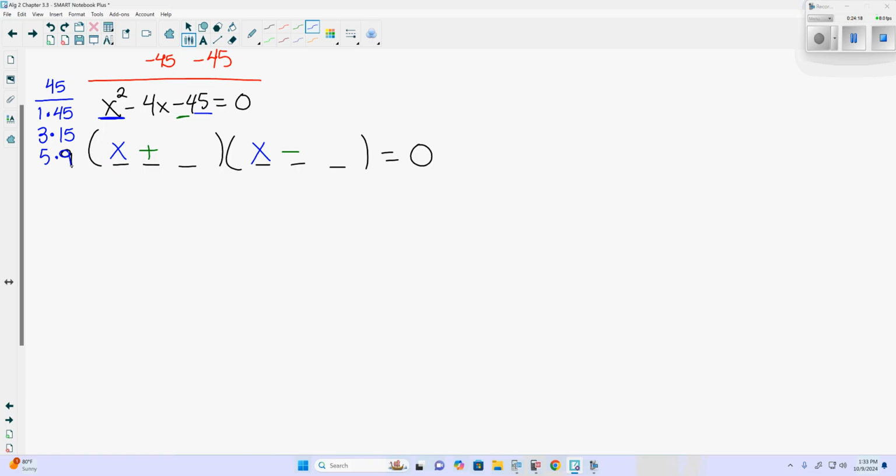And that's pretty much it. Because 7 is not a factor, and that's the last one we can have. So looking at these 3 sets of factors, which one do we want to try first? 3 and 15?